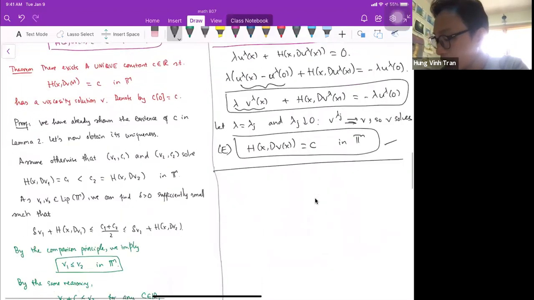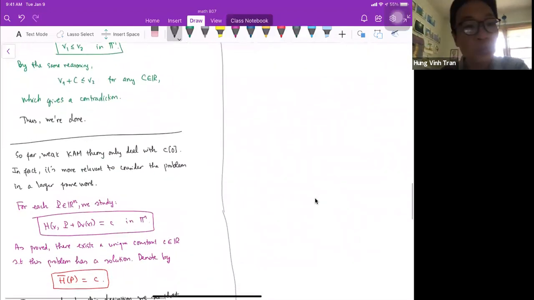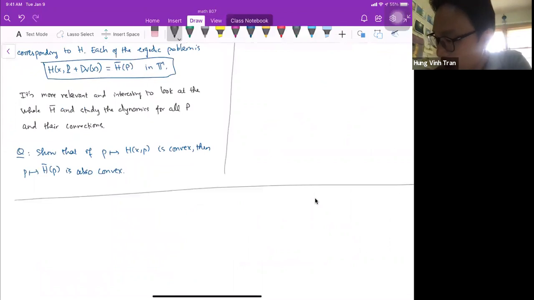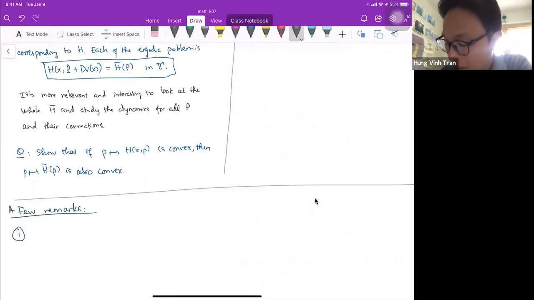Okay. So I'm going to prove that c is unique, but let me go down here to give you a few more remarks. The first remark I want to give is that in the convex setting, in fact u lambda has some representation formula.